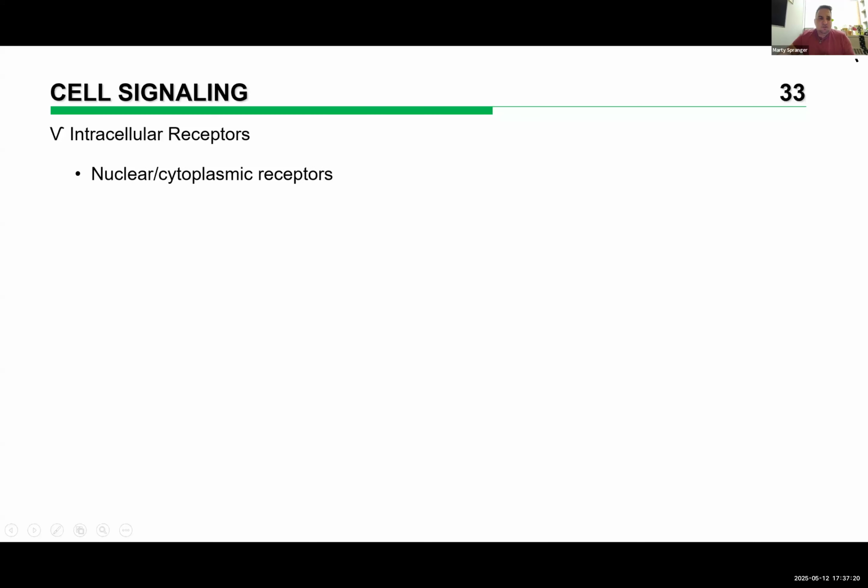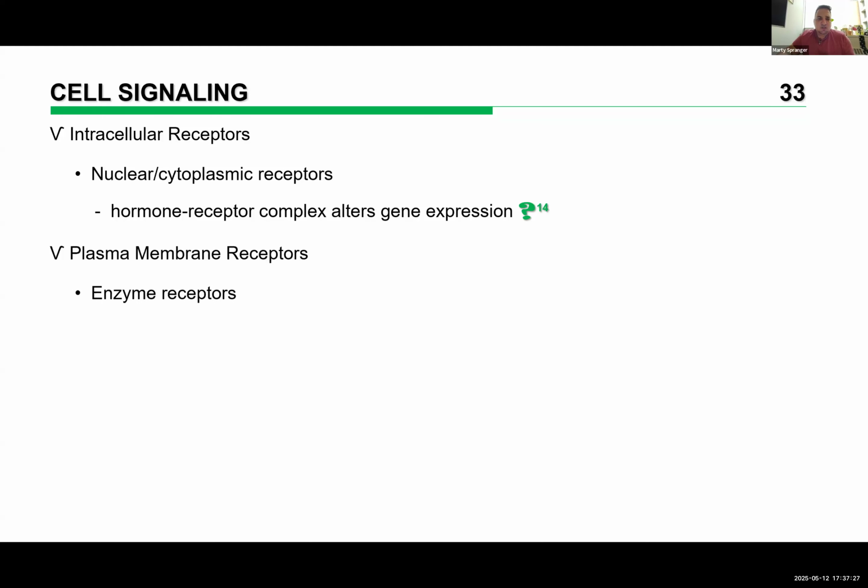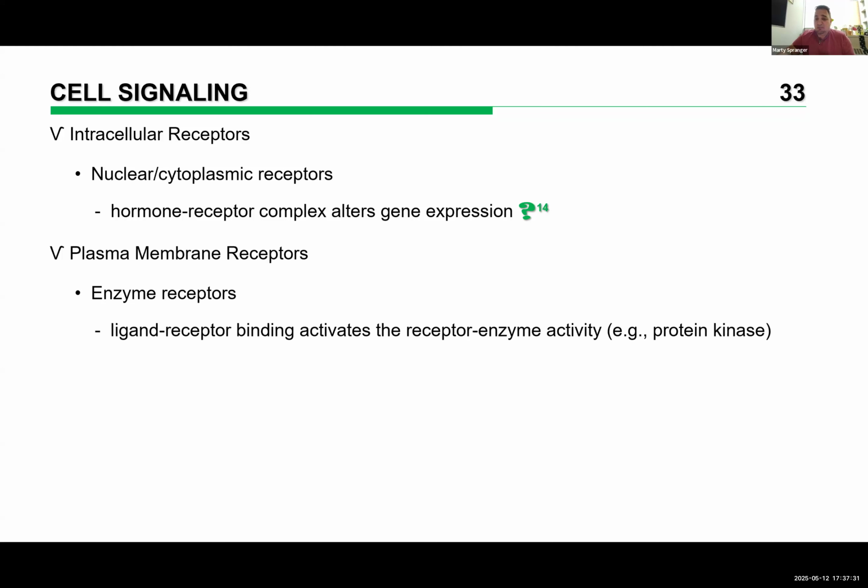Okay, intracellular receptors. So we have the hormone receptor complex that alters gene expression. Plasma membrane receptors can be enzyme receptors, like a protein kinase. You could have ligand-gated ion channels. We call those ionotropic because when the ligand binds to the receptor, it becomes a channel permissive to ions.